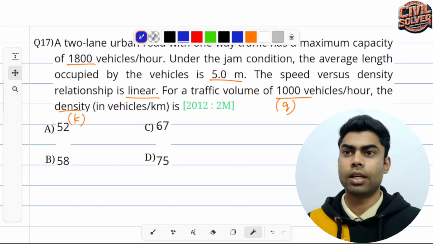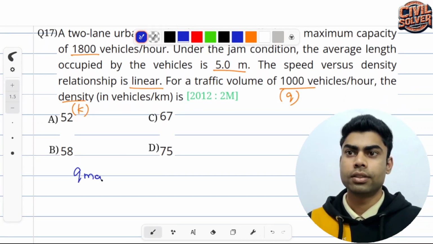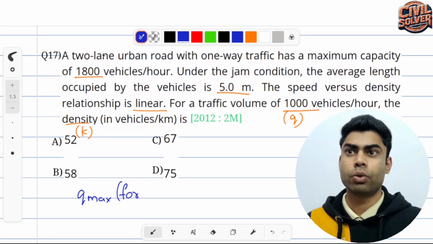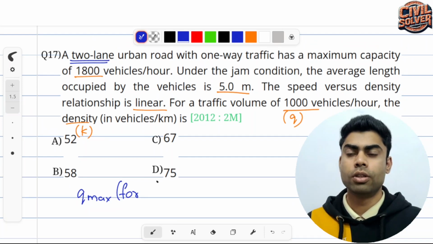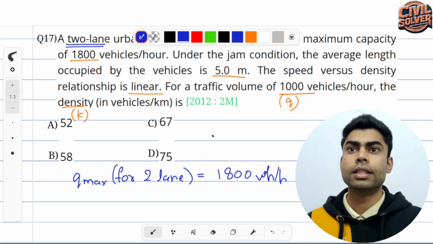So let us first calculate the unknowns. Q max is given as Q max for 2-lane. Remember this. The question is for 2-lane road. For 2-lane is given as 1800 vehicle per hour. The second thing is average length.